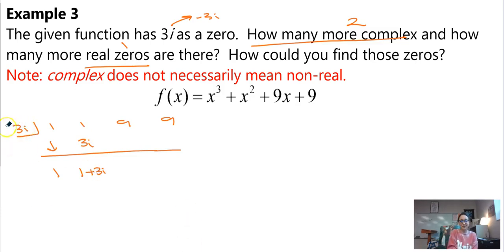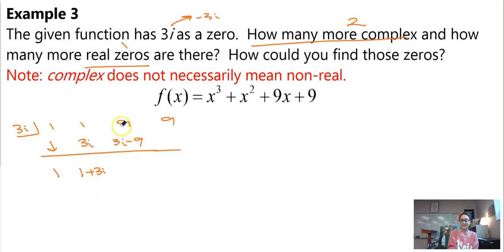So now we need to multiply this 3i to this binomial 1 plus 3i, okay? So 3i times 1 is 3i. 3i times 3i, let's think about that. 3 times 3 is 9. i times i is i squared, and what is i squared? Negative 1. So I've got 9 times negative 1, so I'll be negative 9, right?